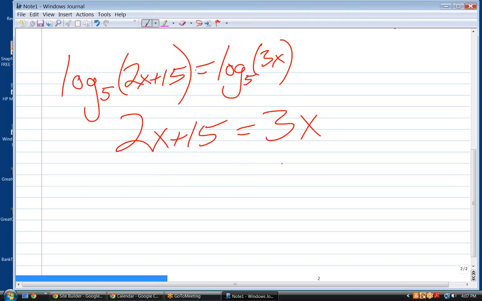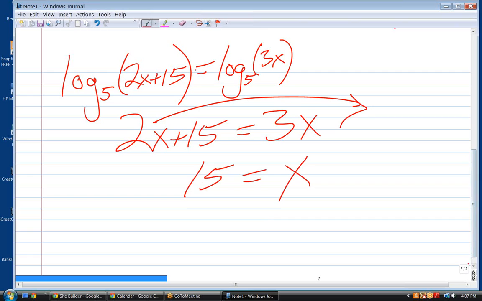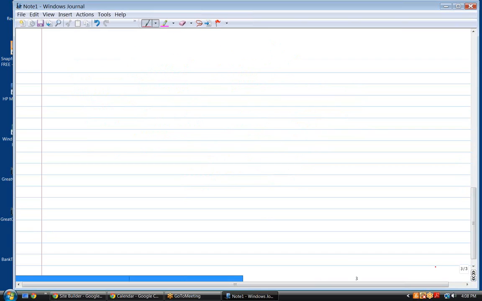Solve that. In other words, we move the 2x over to there, and we leave the 15 there, like that.